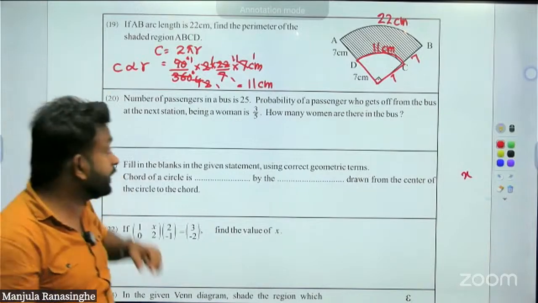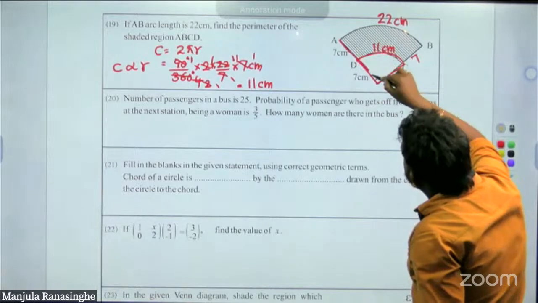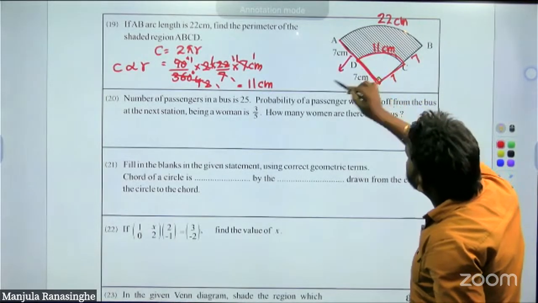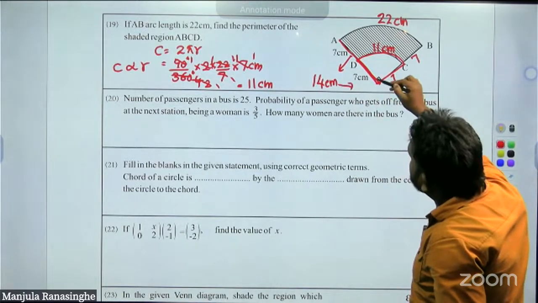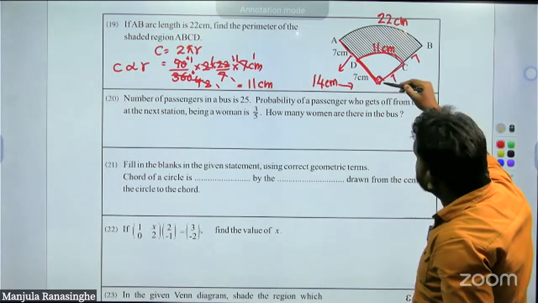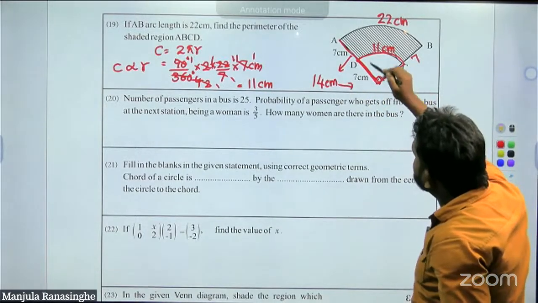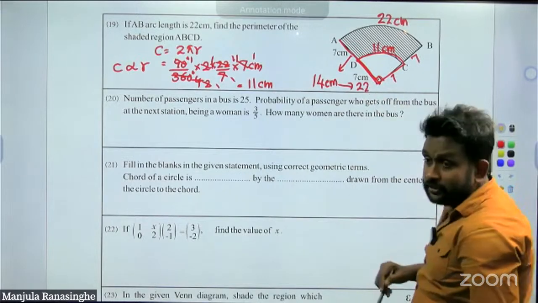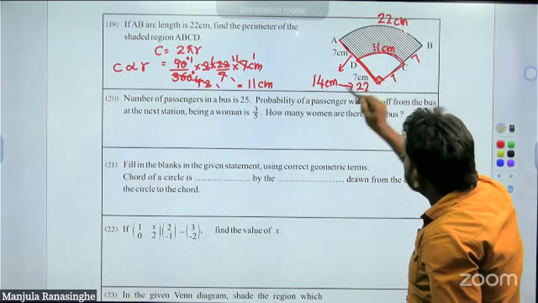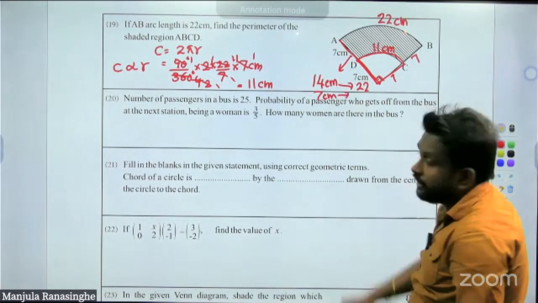Now you can see the bigger sector, what is the radius? The radius of the bigger sector is 14 centimeter, with the same sector angle, which should be constant for both sectors. For the same 90-degree sector, radius 14 means arc length 22. Now the same sector with radius 7 means the arc length should be half of that.